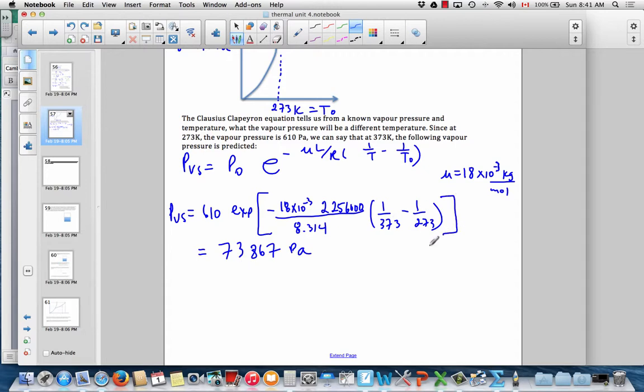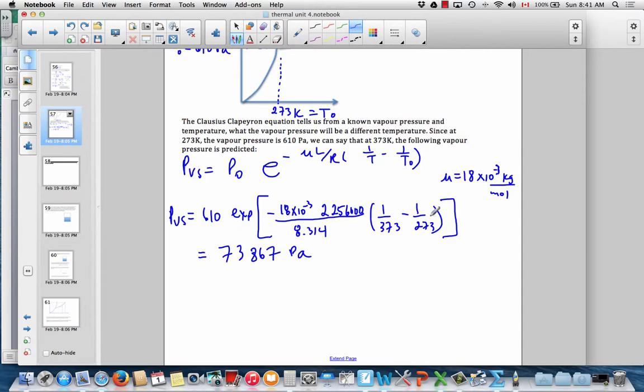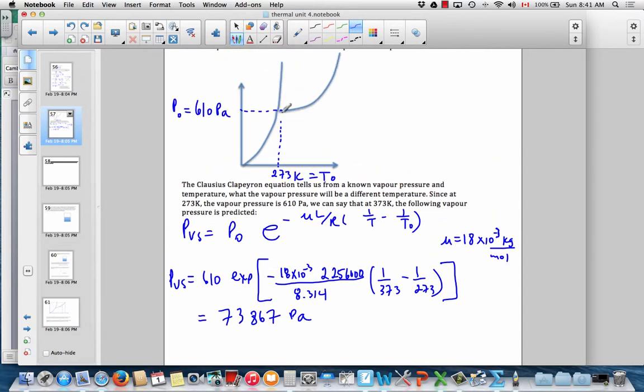Now, there's several reasons for that. We made a couple of approximations along the way. It's also true that the latent heat isn't constant, and it varies somewhat with temperature. But we're in the right ballpark. We're within 25%. It's not that bad. And we've actually integrated over quite a large range of temperatures here. Over a much smaller range, the Clausius-Clapeyron equation is a lot more accurate.